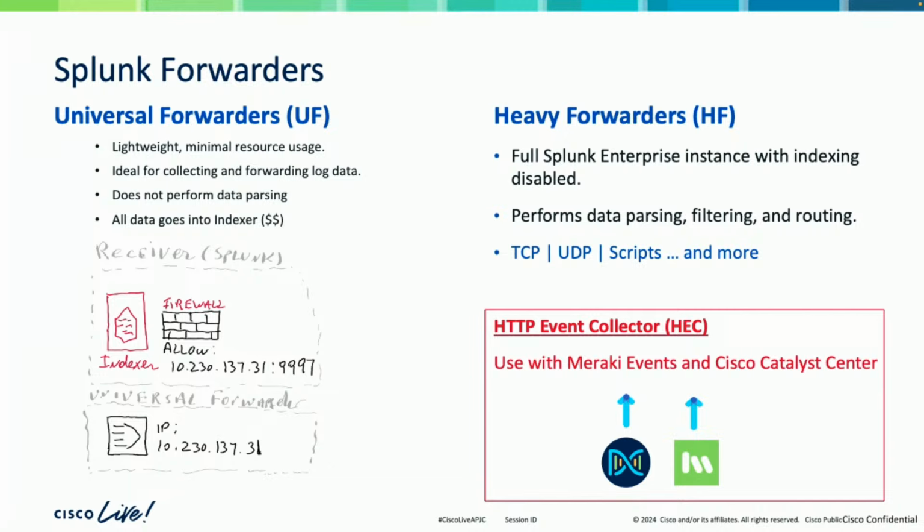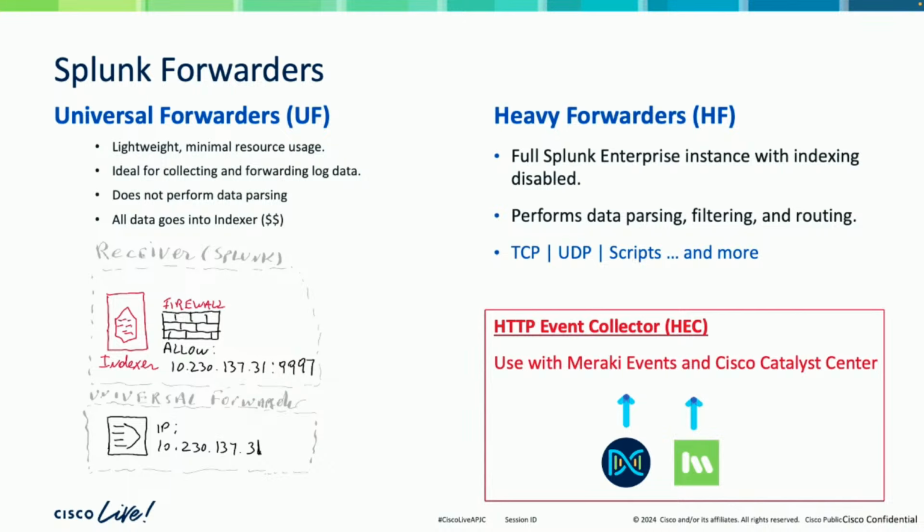The way it works for universal forwarders, you go in Splunk and say, I want to create a receiver. That receiver is going to receive all types of data that I send its way. I want you to open a specific port for that receiver, at this IP address. Once you've configured that receiver, it is attached to an indexer, which is basically your database.